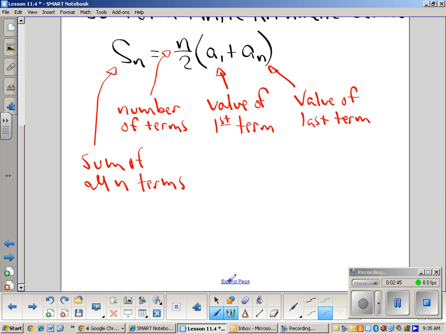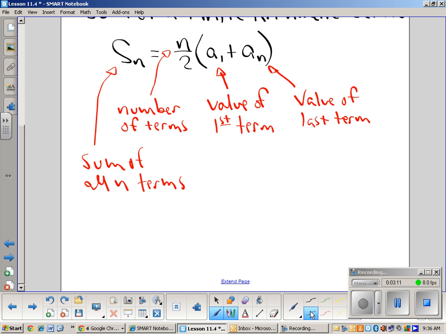Also, how do we eventually learn how to transfer explicit, recursive, other sequences into series? Well, explicit and recursive sequences are just how to find the next term or a certain term of a sequence. That has little to do with this.